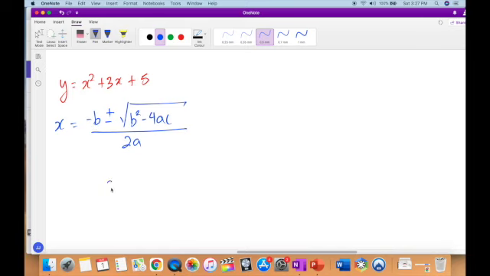You're supposed to get two values for x, and those two values for x are where the curve cuts the x-axis. So I want you guys to use the quadratic formula and solve this equation and tell me what the roots of this equation are, right? I'll give you 2 minutes, just tell me when you're done.